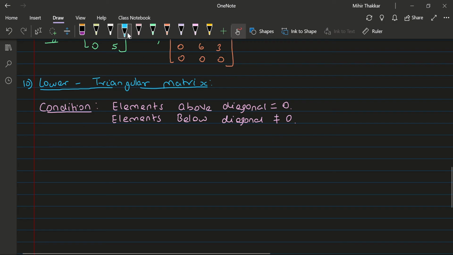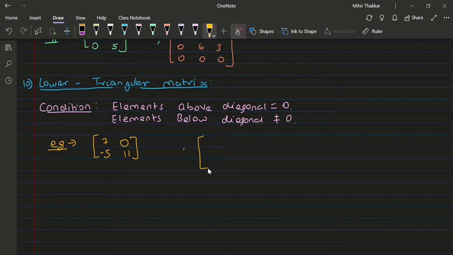For example, elements above the diagonal are required to be 0. So diagonal, if I take 7 and 11, let us take a 0 above the diagonal. But below the diagonal it is non-zero, positive, negative, not a problem. So let us take minus 5 for example.